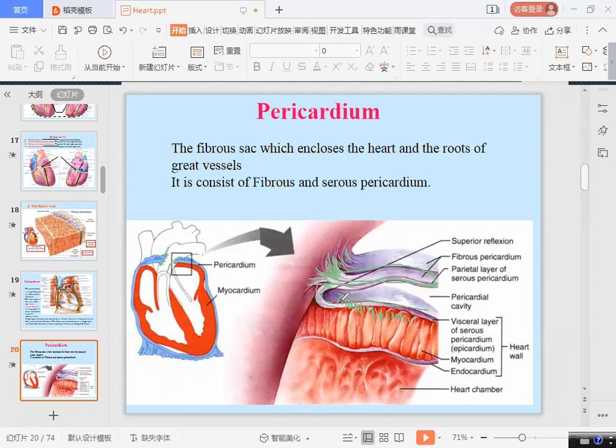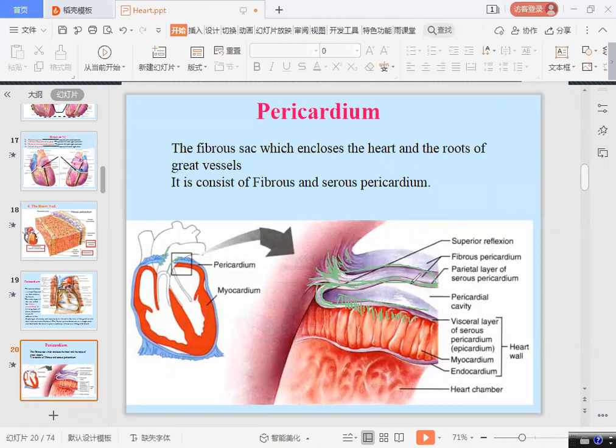So this is what we call reflection. Due to this reflection, there is a production of a cavity that is known as the pericardial cavity. The parietal pericardium runs along with the fibrous pericardium, and we know that the fibrous pericardium covers the whole heart.